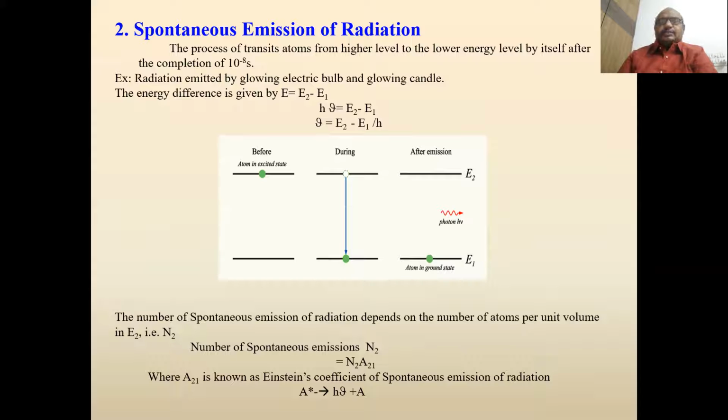That process is called spontaneous emission. The number of spontaneous emissions depends on the number of atoms per unit volume in E2, the transition being from the E2 state to the E1 state. The number of spontaneous emissions is equal to N2 A21, where A21 is the Einstein coefficient of spontaneous emission. Atom star gives rise to atom plus h nu.